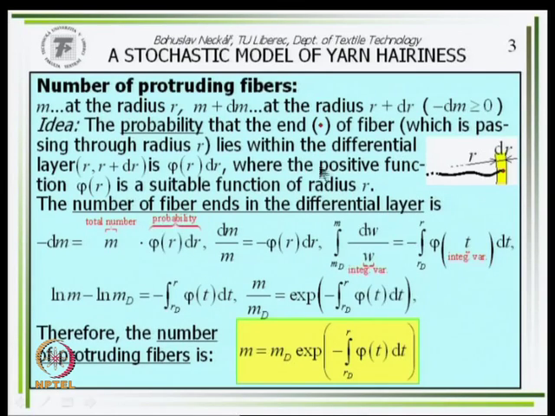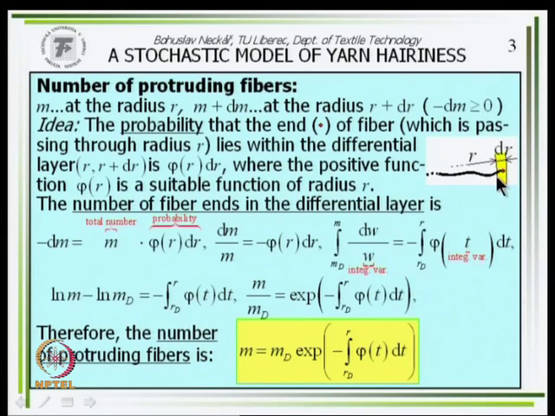So the probability that the end of a fiber which is passing through radius r lies within the differential layer from r to r plus dr is some elemental quantity phi(r) dr, where the positive function phi(r) is a suitable function of radius r.